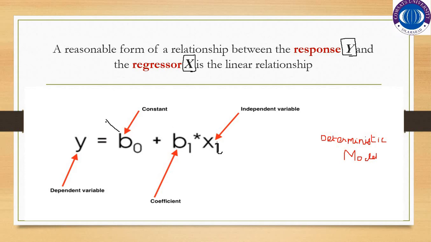So this is the intercept. And this one is the slope.